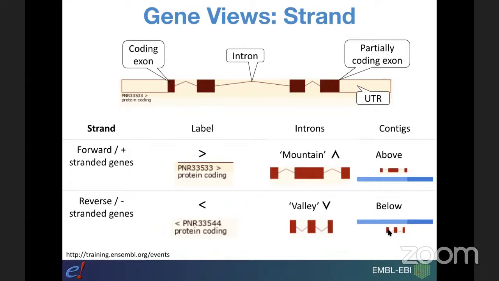Another hint is the arrows next to the transcript names, which point in either the forward or reverse direction. The last hint is the shape of the introns. Introns of forward-stranded genes point upward, with a mountain-like structure, whereas introns of a reverse-stranded transcript point downwards, with a valley-like structure, like a V.